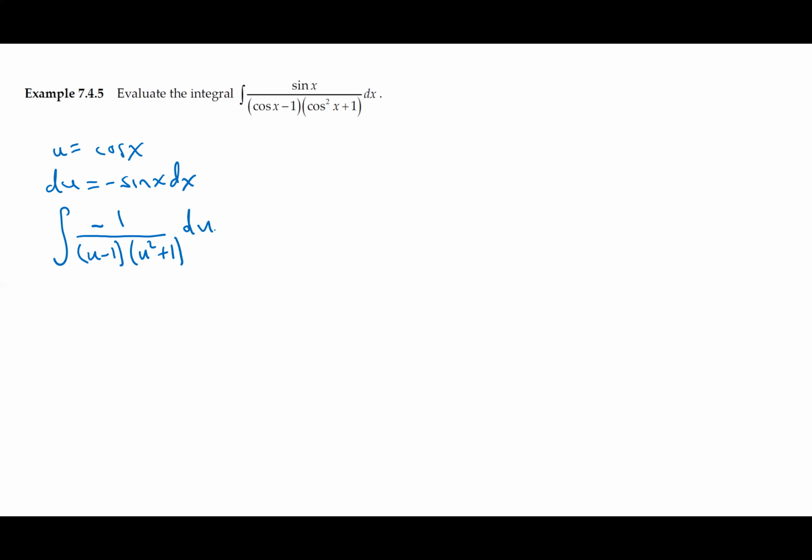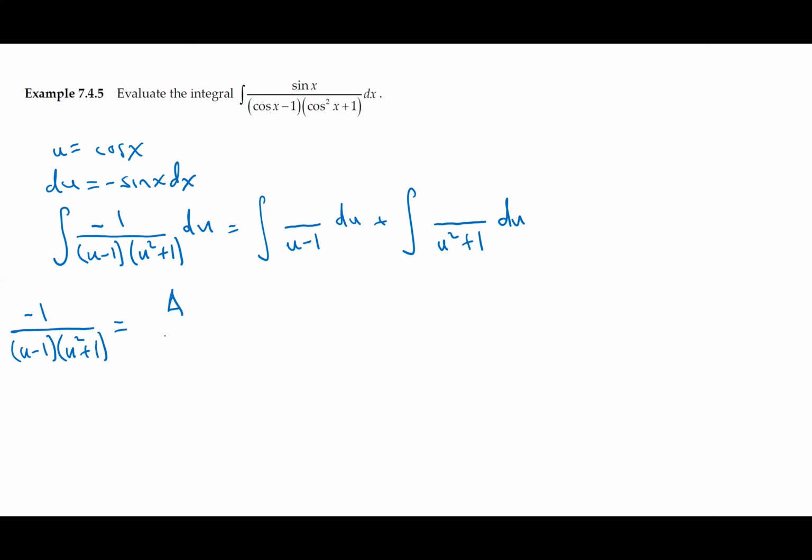Oh, so it looks like I've got some factors I can play around with. And so I have -1 over u minus 1 u squared plus 1 equals A over u minus 1.